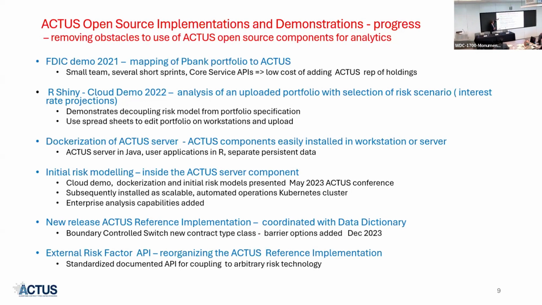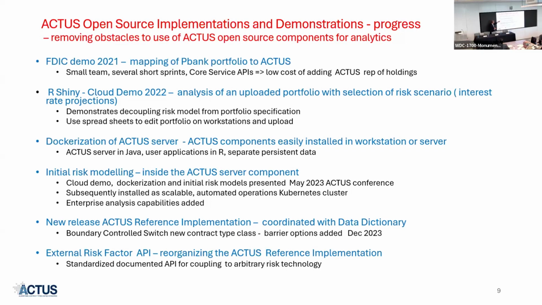In 2022, we showed in a demonstration, the first easily visible demonstration, that you can take an ACTUS portfolio and run it against different risk scenarios and see the different cash flow results of different risk scenarios.